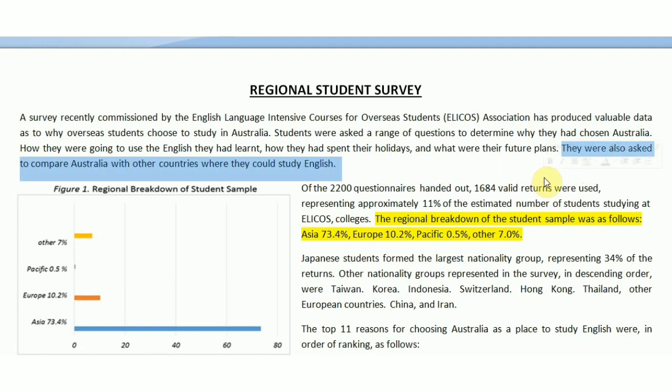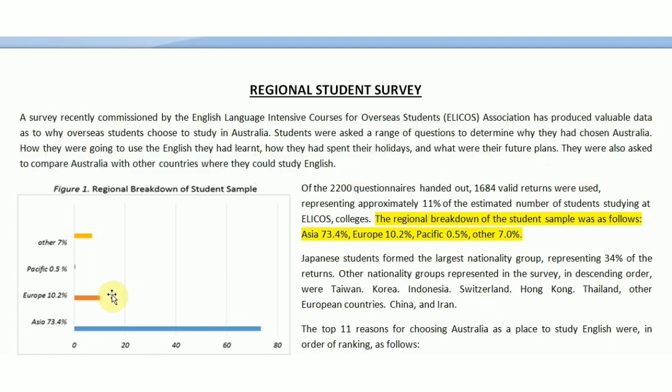So there are a total of five types of questions that they were asked: why they had chosen Australia, how they were going to use the English they learned, how they spent their holidays, what were their future plans, and they were also asked to compare Australia with other countries.